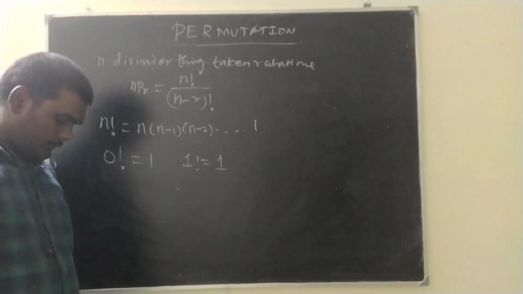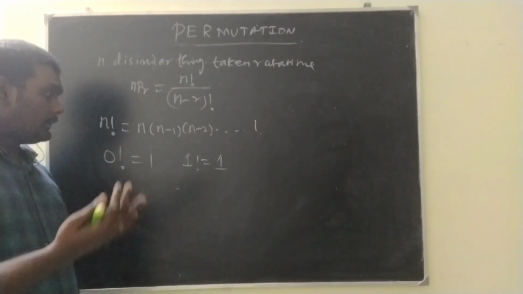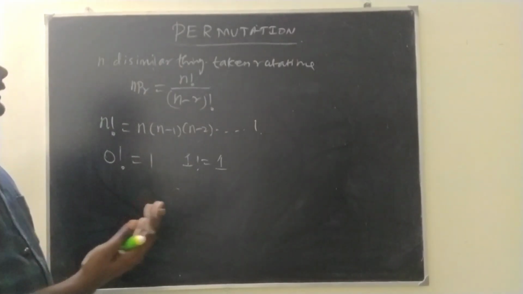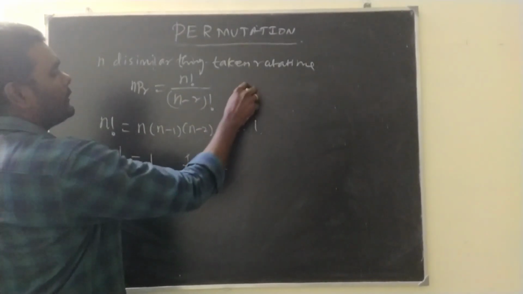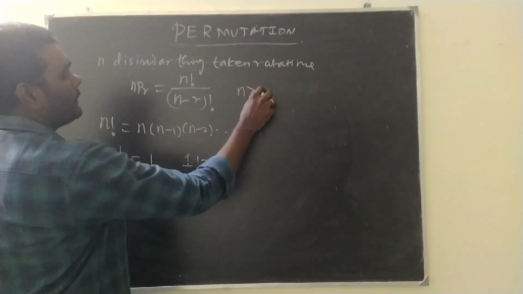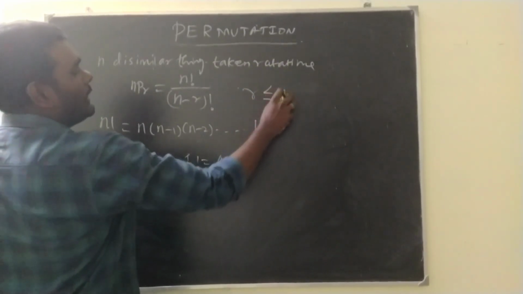Shall we move to questions right now? Also, there is one another thing. R should always be less than or equal to n.